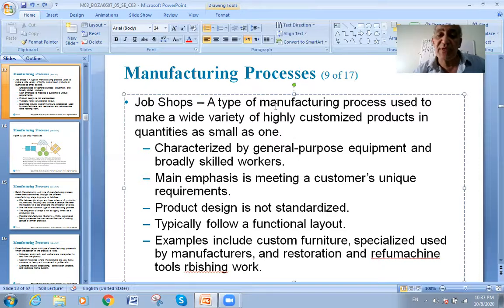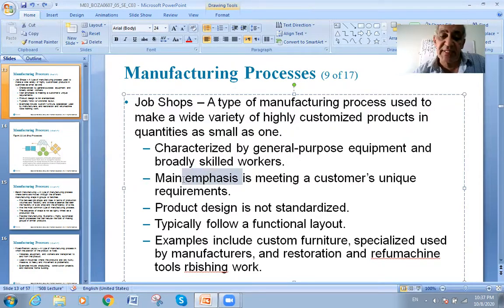It is a type of manufacturing process used to make a wide variety of highly customized products in quantities as small as one. It is characterized by general purpose equipment and broadly skilled workers. There must be skilled workers working on it.